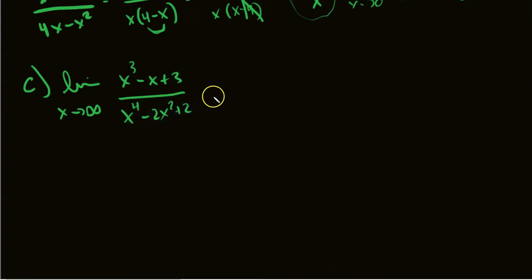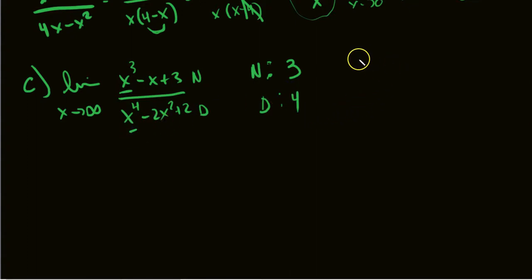Whenever you're looking at expressions as x approaches infinity, there's a specific method you have to use, and it's comparing the highest exponents of the numerator and denominator. We'll call this n for numerator, d for denominator. In the numerator, the highest exponent is 3 from the x cubed, and in the denominator the highest exponent is 4.